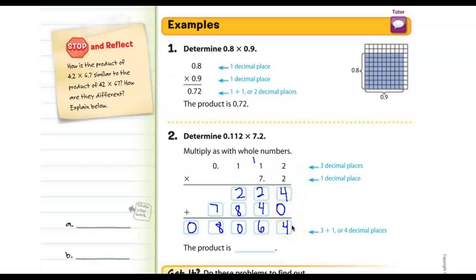So we have to actually move the decimal, because our answer is not going to be 8,000. It's going to be something smaller than either one of the factors. So we're going to start out with the decimal here. 1, 2, 3, 4. The product is going to be 8,064 ten-thousandths.